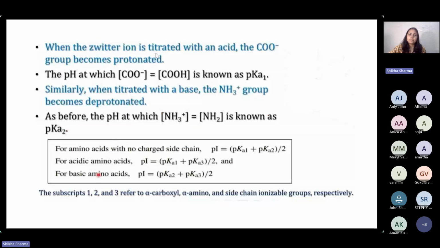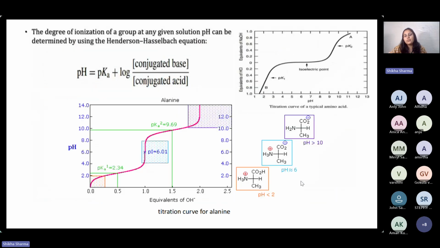So at different pH values or pK values, the behavior changes. I am taking one example of alanine. This is the titration curve of alanine. In this range, it is at its isoelectric point, around maybe 6. At low pH it shows a different behavior, and at very high pH it shows another behavior.